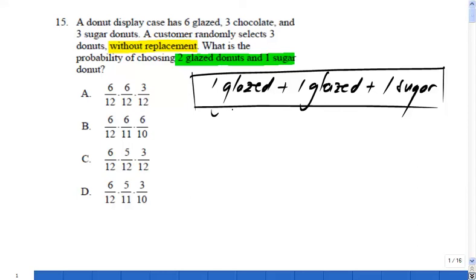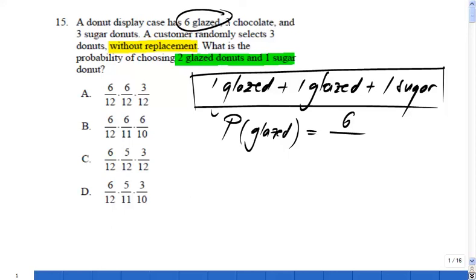And for each one of them, you have to find the probability. What is the probability of getting your first glazed? Well, the probability of getting a glazed donut will be the number of possible glazed donuts in my display case here, which is 6, out of how many possible donuts I have, what is the total number of donuts in that display case?